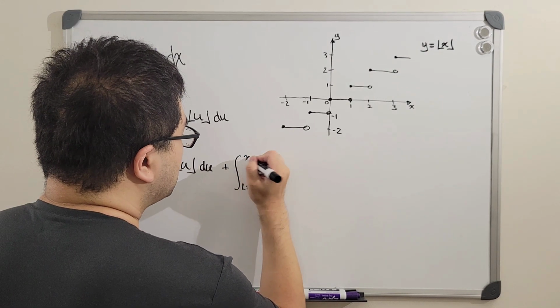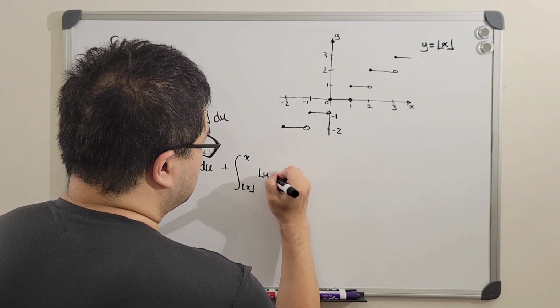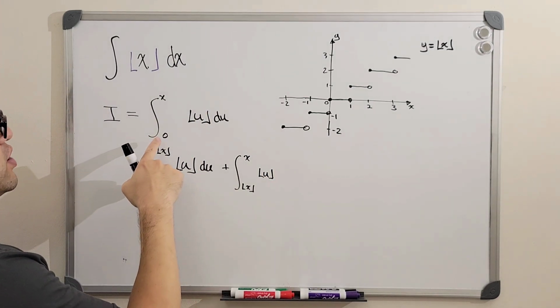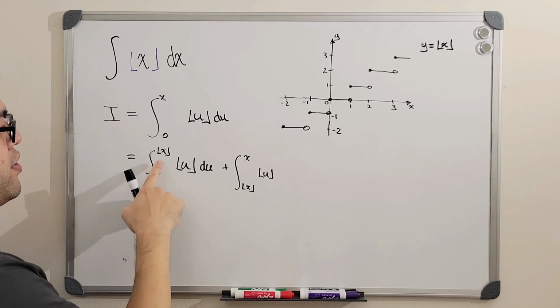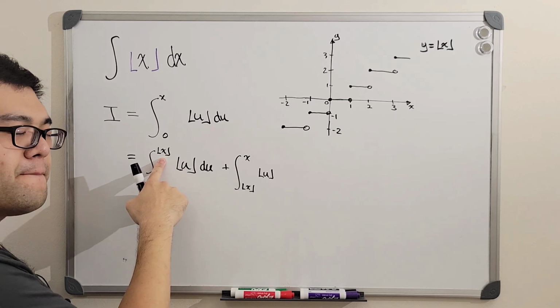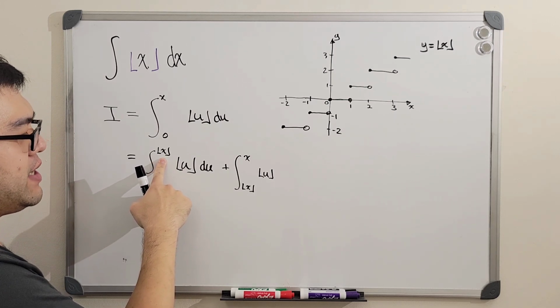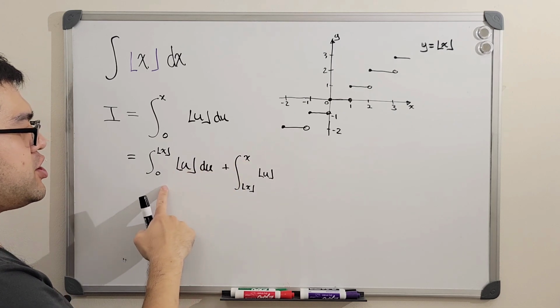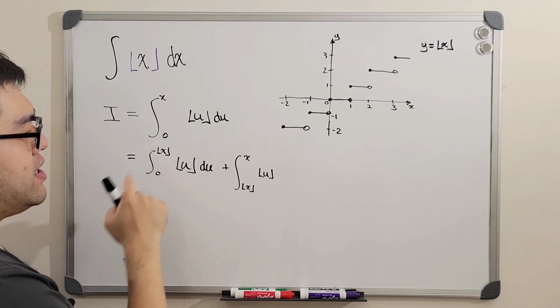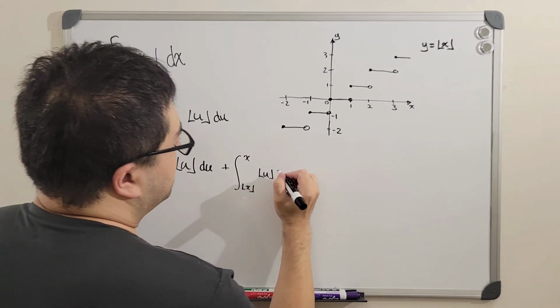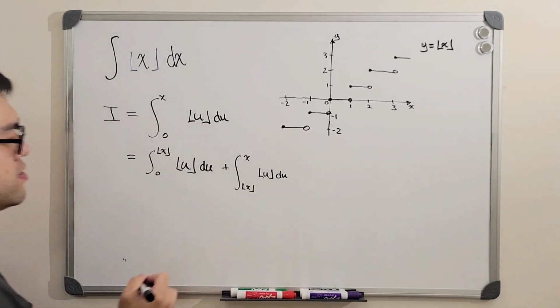Here is x. So in this case, if we start from 0 to x, we know that the floor of x has to lie between 0 and x, such that we make a cutoff at the floor of x to divide it into two parts.